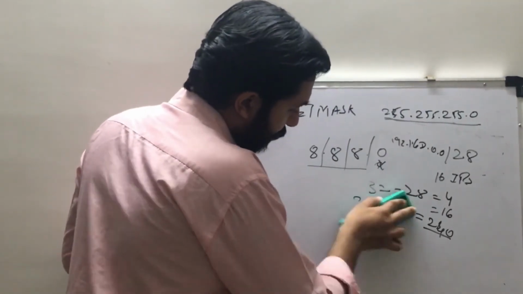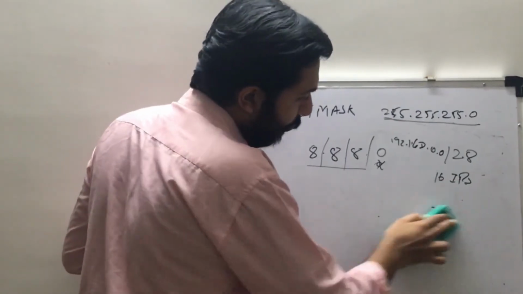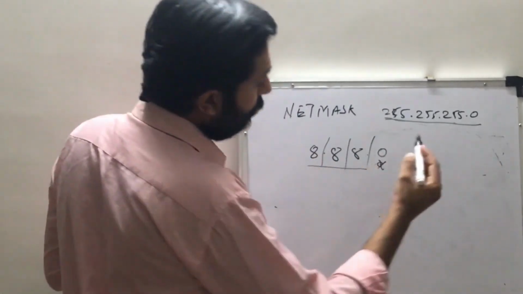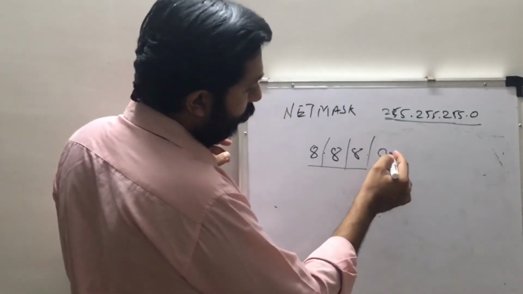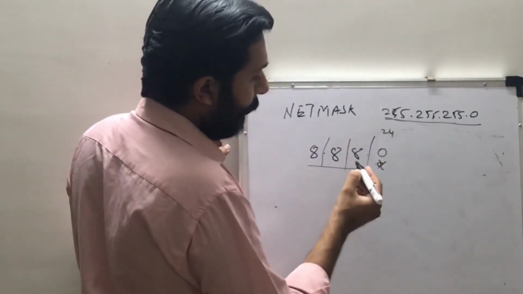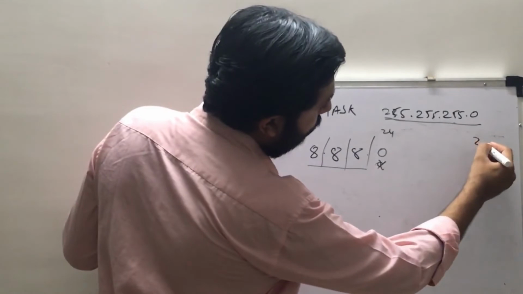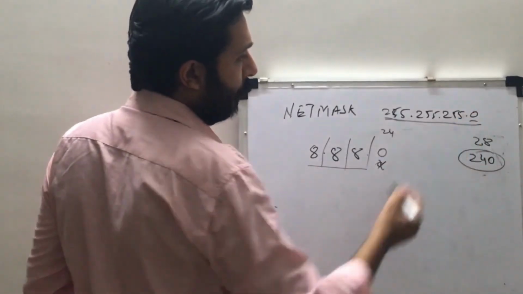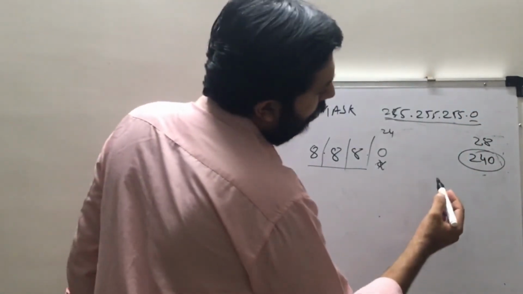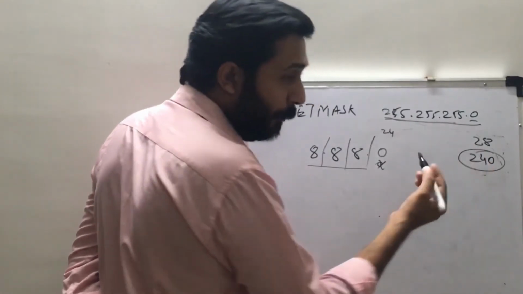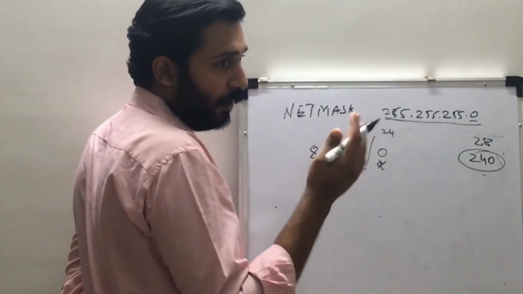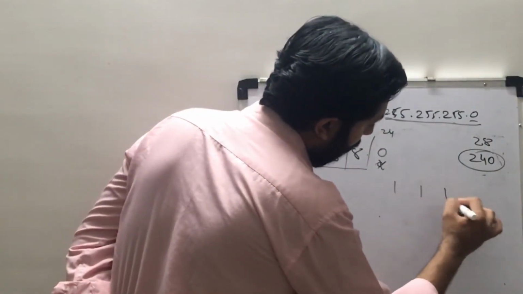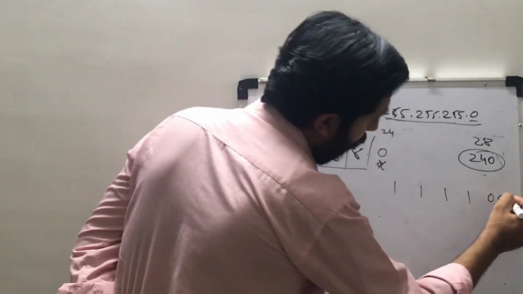You want to see this 240 coming from those bits and octets, I'll show you that as well. Now this one we took at 0, that was 24, but if it is 28, then I said 240. 240 is your last octet over here. How? 240 means there are 4 bits out of this 8 which are 0. That means 1, 1, 1, 1, 0, 0, 0, 0.